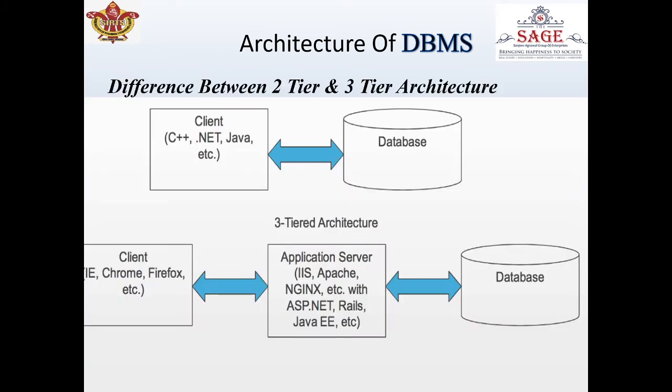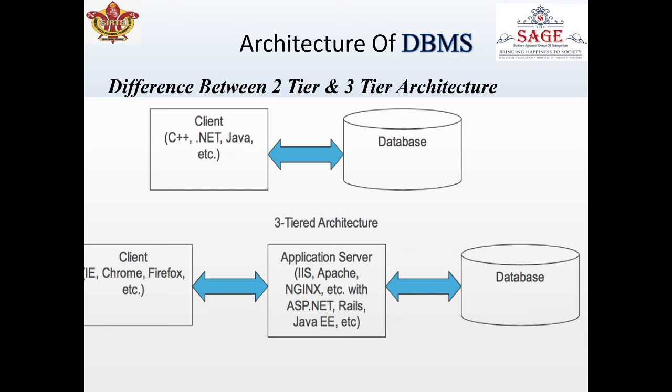There is a difference between the two-tier and three-tier architecture. You can see here the difference between two-tier architecture and three-tier architecture, right? So here in this diagram, two-tier database architecture and three-tier database architecture. I will explain some differences.